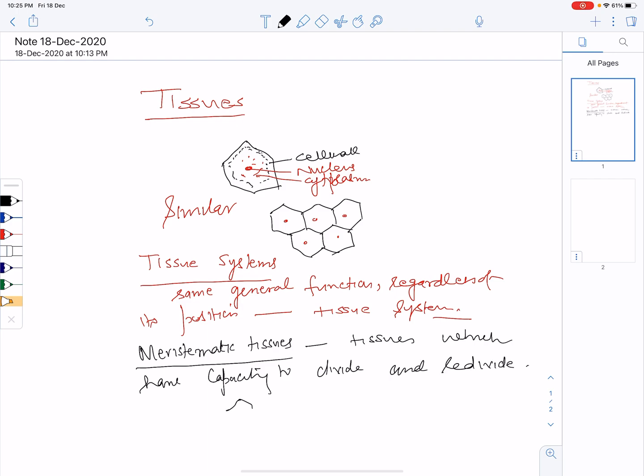Now the single cell will undergo divisions and will continuously divide.